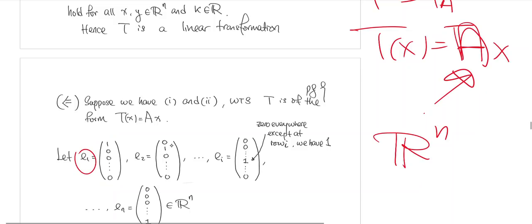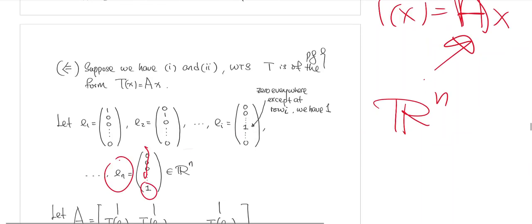Similarly, if you have an n by 1 column vector where the first entry is 0, the third entry is 0, in fact everything is 0 except the second entry, then you call this vector E2. So Ei will be everything 0 except the entry on the i-th row, which is not 0, and not only is it not 0, it is 1. And En will be everything 0, where the last entry is 1. These are all elements in Rn.